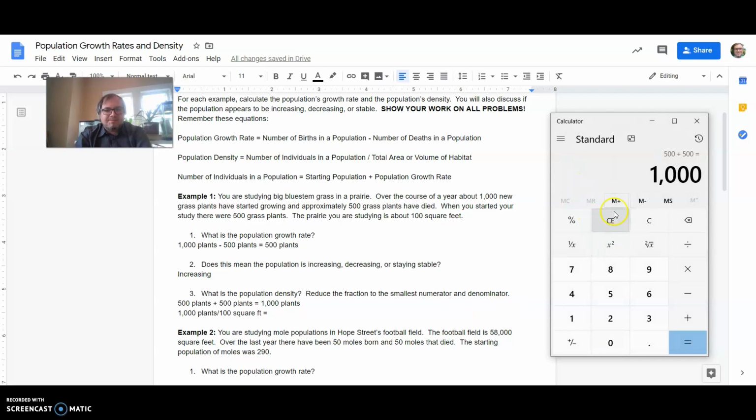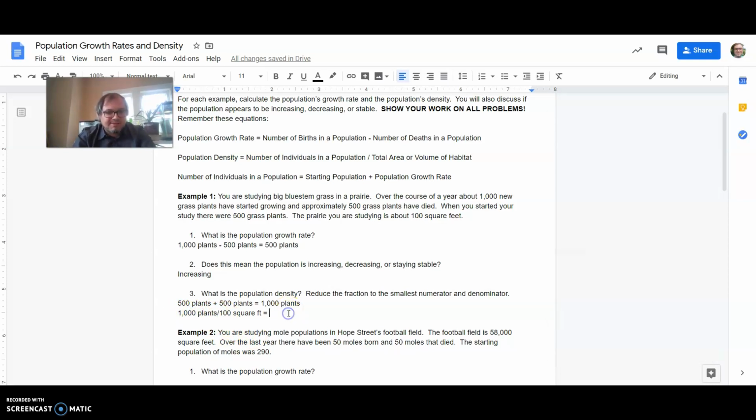Sometimes the easiest way to figure this out is to take the larger number here, 1,000, and divide it by 100 to see how many times 100 will go into that. So 1,000 divided by 100, 10 times. So if we basically divide both of these sides by 100, the top part would be 10, so 10 plants.